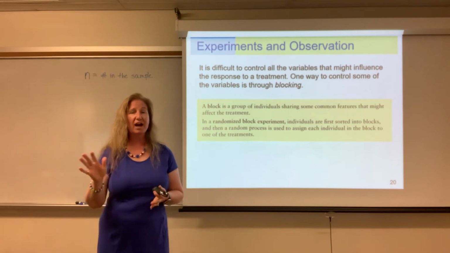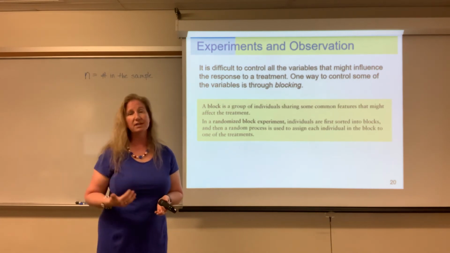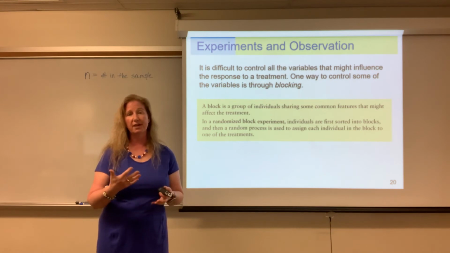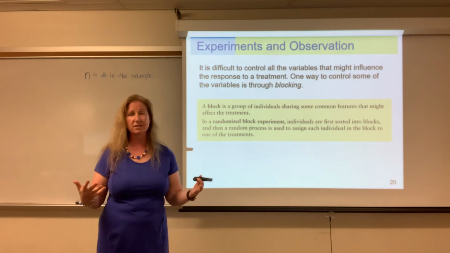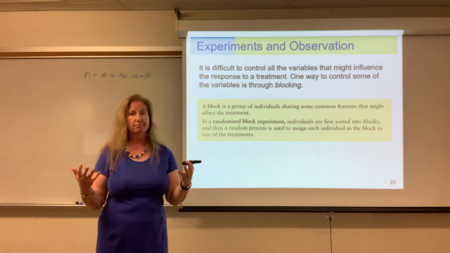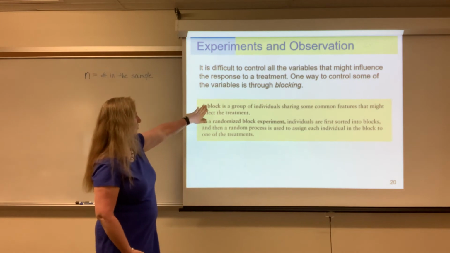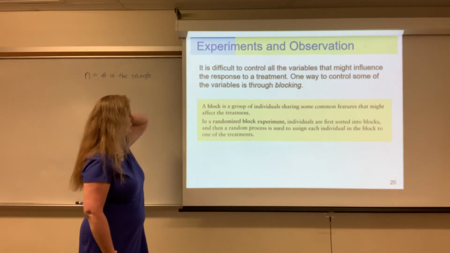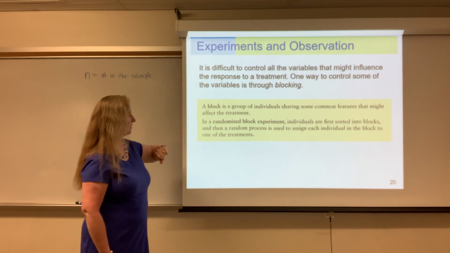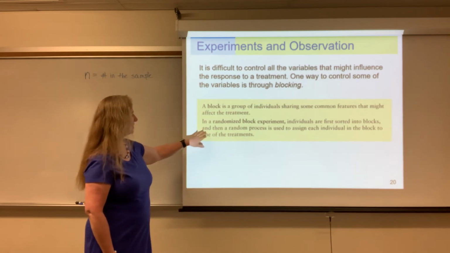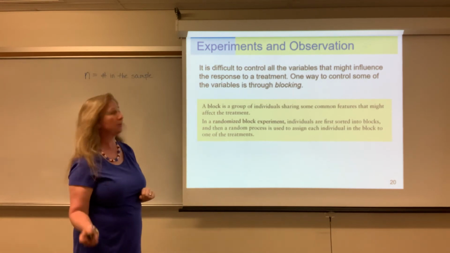But if I don't ask questions about whether somebody is diabetic, and they're in a study that has to do with, shall we say, skin conditions and how you react to sunscreen, that makes a difference, right? So a block group is a group of individuals sharing some common features that might affect the treatment. In a randomized block experiment, individuals are first sorted into blocks, and then a random process is used to assign each individual in the block to one of those treatments, okay?